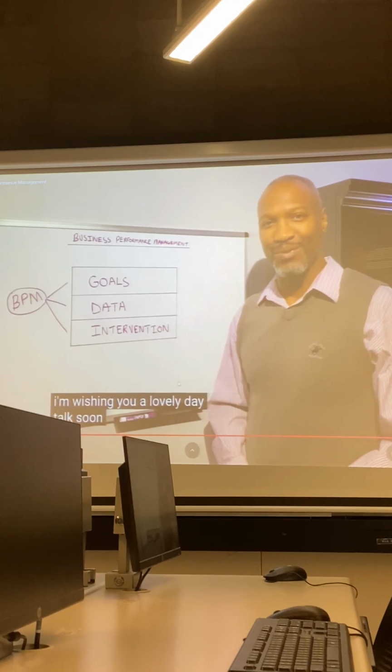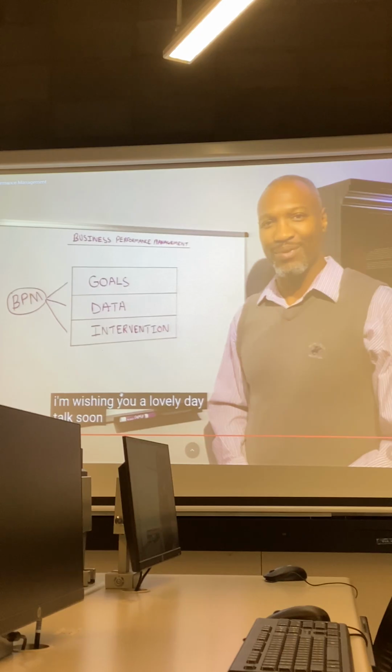Okay, so this is one of the explanations from the professor that business performance management or BPM is not only about reading the graphic or the data, but you need to take more action. For example, you need to set up the goals, prepare the data, and then intervention.